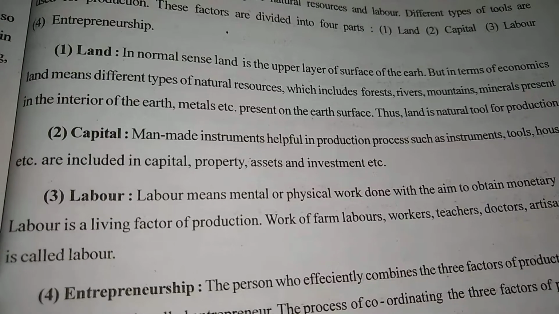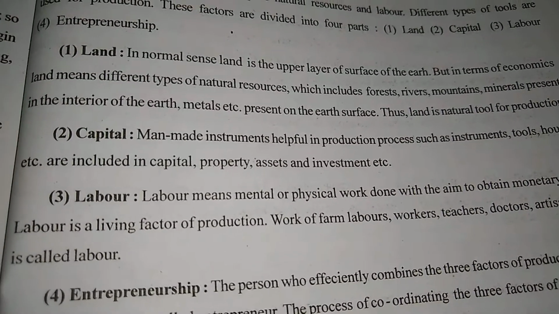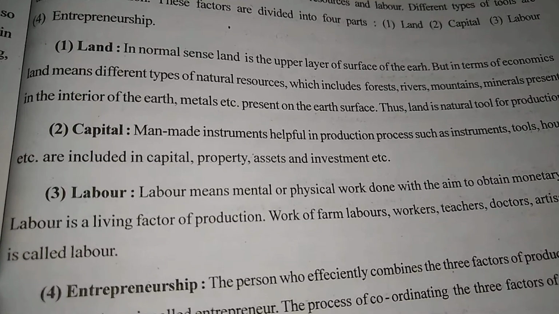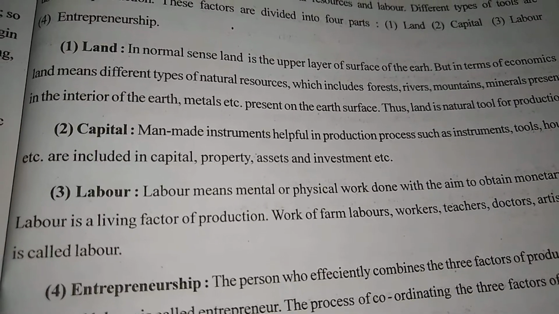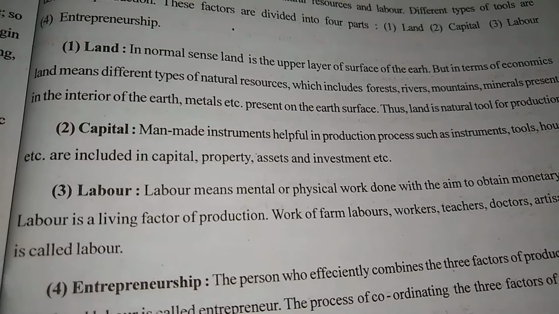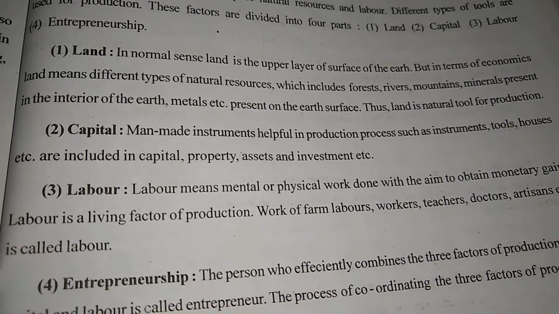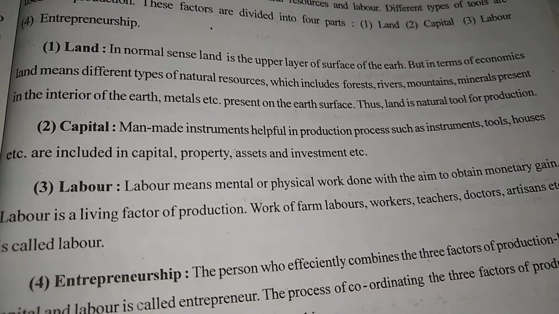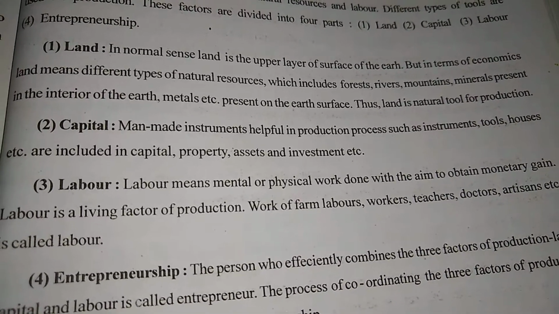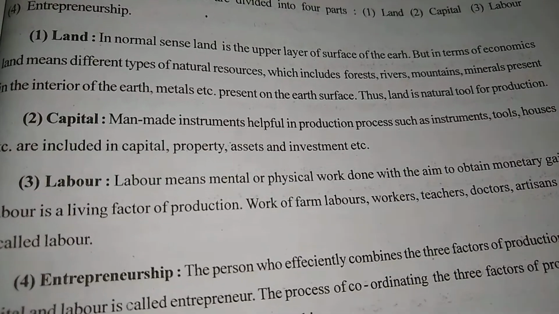In economics, land means different types of natural resources, which include forest, rivers, mountains, minerals present in the interior of the earth, and metals, etc., present on the earth's surface.